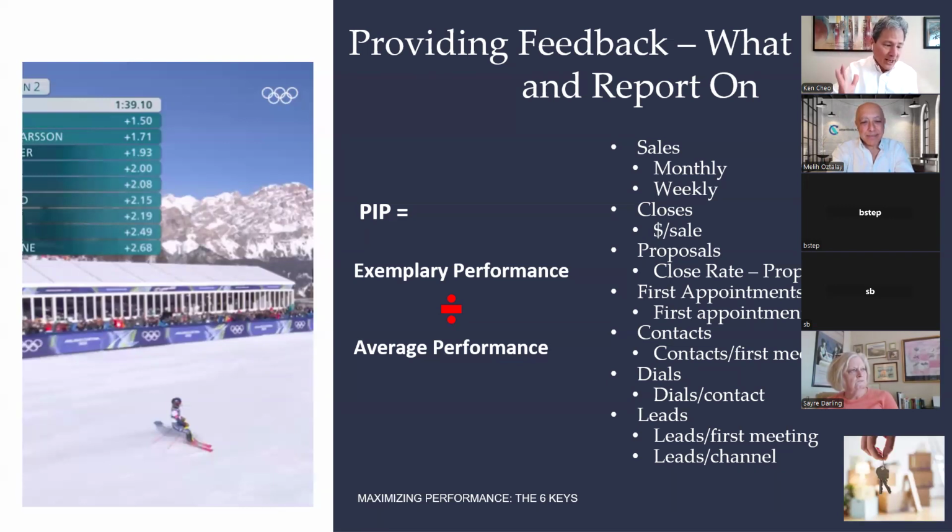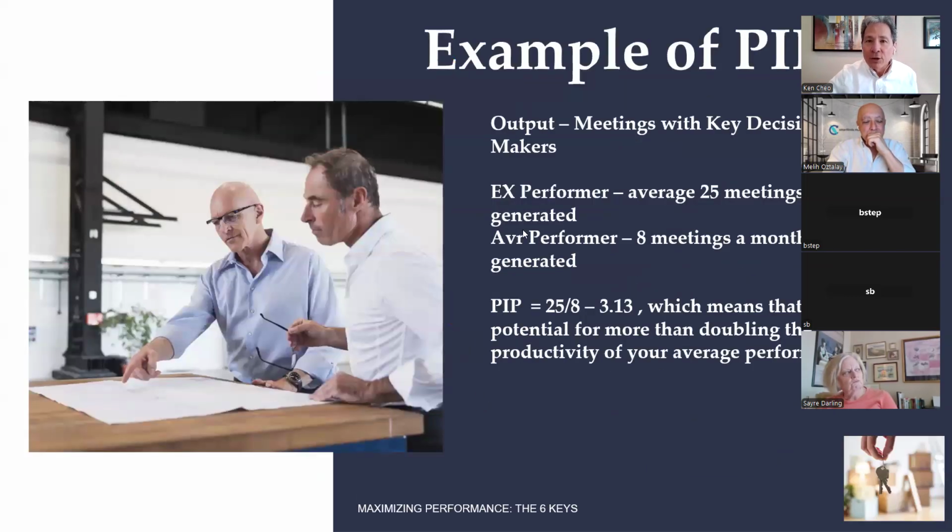And the difference between the last one there was a 93% improvement. Okay. So when you look at your potential for improvement of performance, take what your top producers are doing and divide it by your average producers. The good news is that with salespeople, you've got a lot more opportunity than if you were an Olympic skier.